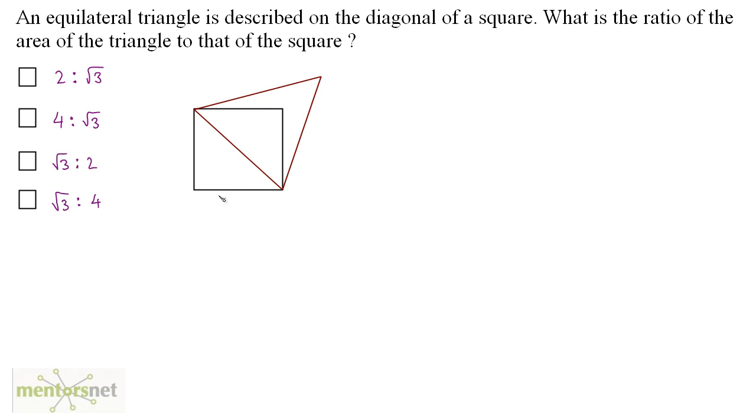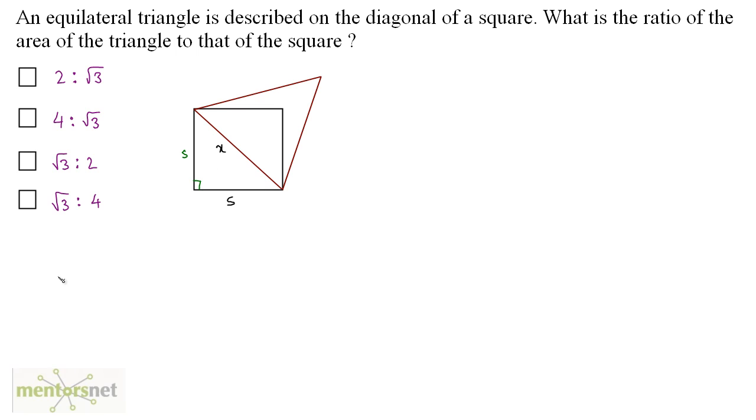Okay, so let us assume that the side of this square is S. Now you will need the base of this, or the side of this triangle. Let that be, let's say, X.